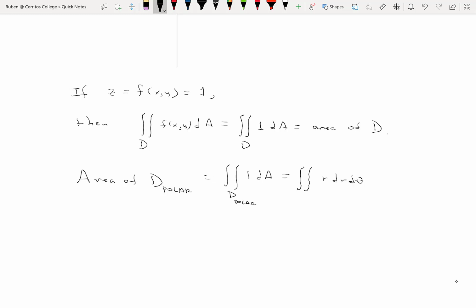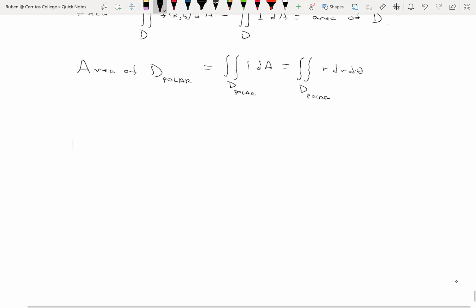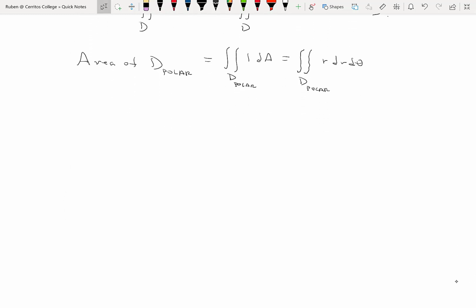So if you simply integrate r dr d theta, we can interpret this double integral then not as volume, but as area. So our last problem is to set up the iterated integral, which gives the area of a particular region in the polar plane, not volume but area. Excuse me. So let's just set up the integral.